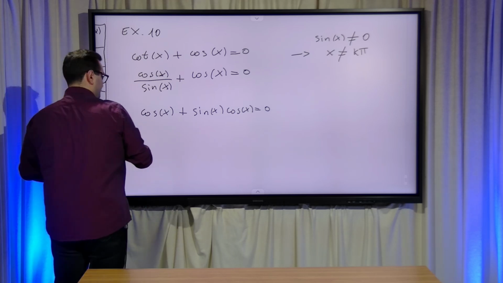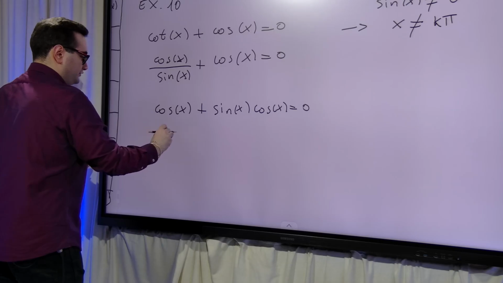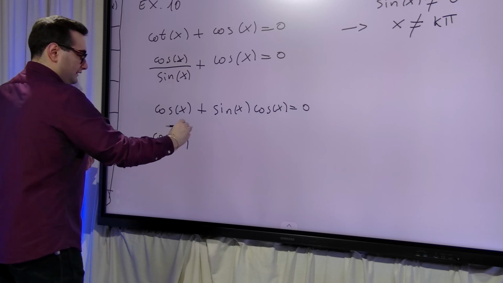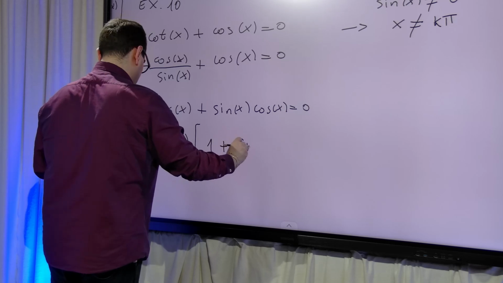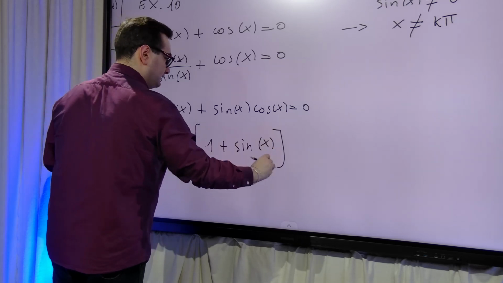Now I can group this equation by cosine of x, and I can get cosine of x times 1 plus sine of x equals 0.